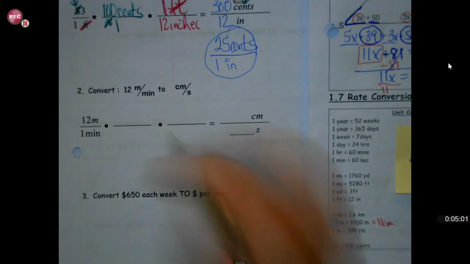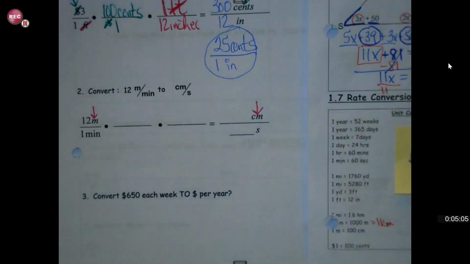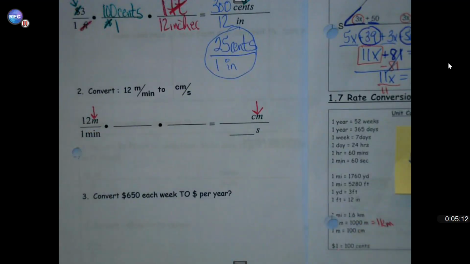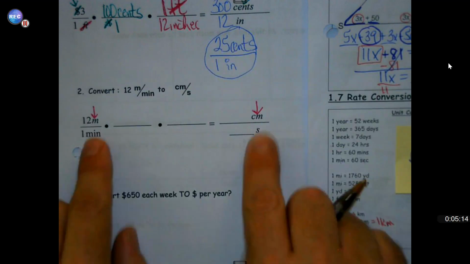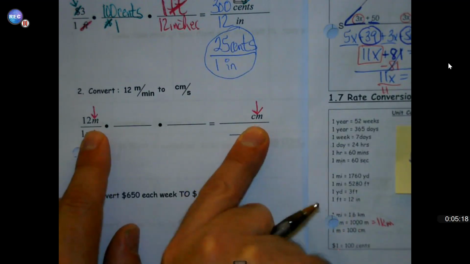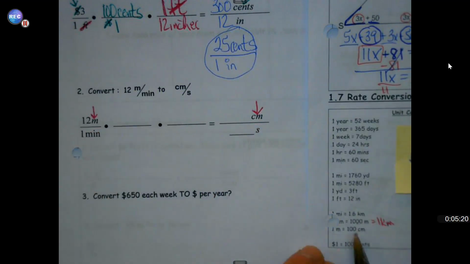So first things first. Meters are turning into centimeters. And if it helps you to have a color to know what matches up, again, I got colors in the back. We got colors we can work with. So I need to find the one where meters and centimeters are on my list. 1 meter is 100 centimeters.